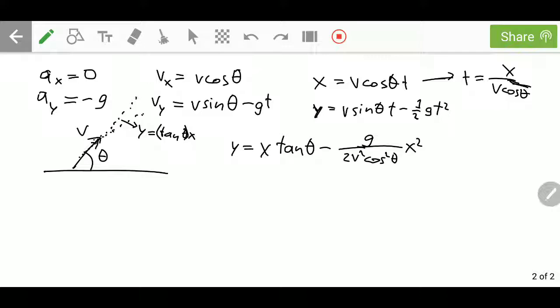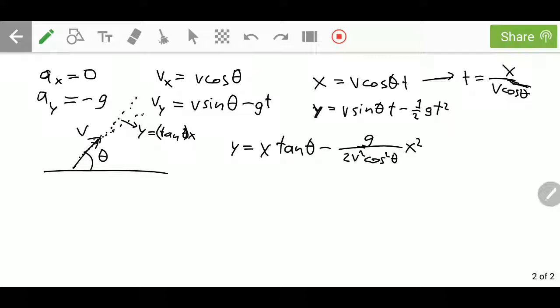Let's see if this coefficient makes sense. If you look at g in the numerator, that makes sense. If g were somehow higher, then we expect the particle would be pulled down faster, and so it would fall farther below that tan theta times x line.